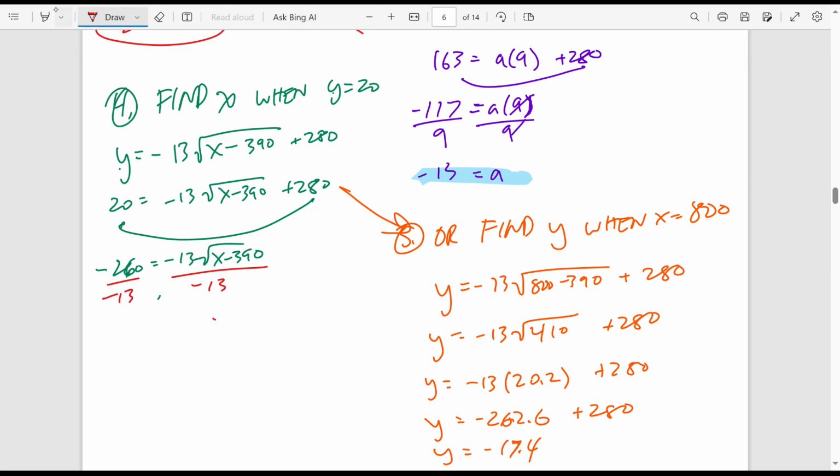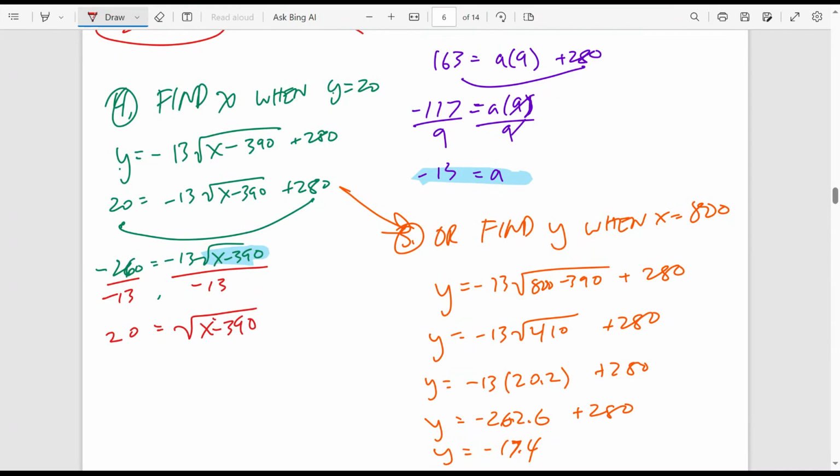I'm always trying to work towards what's underneath the square root, whatever's in the middle of the equation. The x and h are all tied together. And then 260 divided by 13 is a nice number, 20, equals the square root of x minus 390.